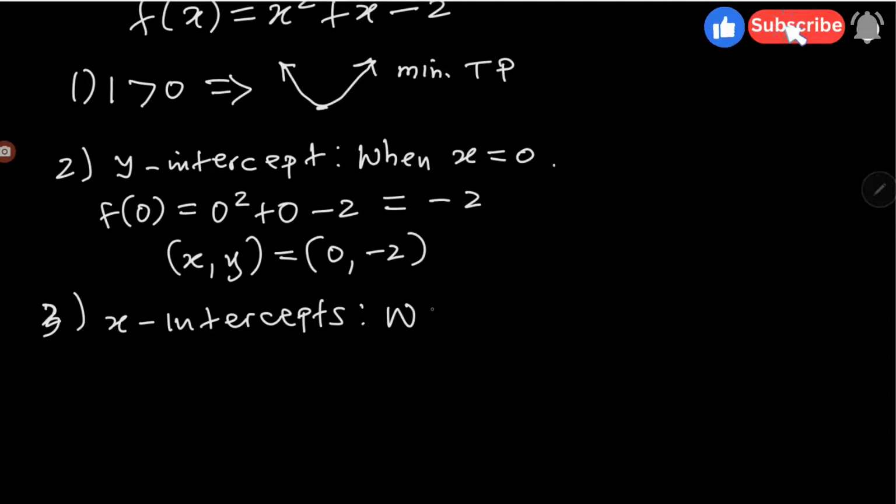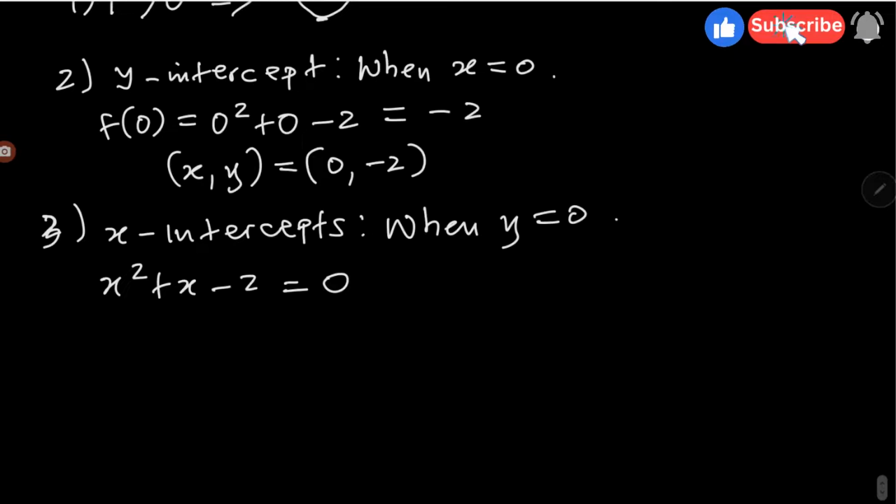This is the opposite, so we realize it when y is 0. So when y is 0, meaning when we have x squared plus x minus 2 being equal to 0, we just need to solve this equation.